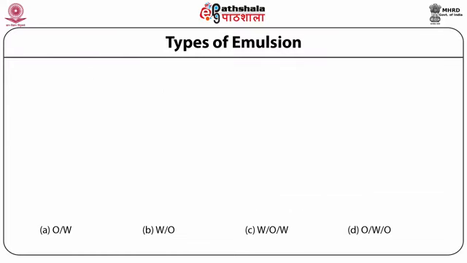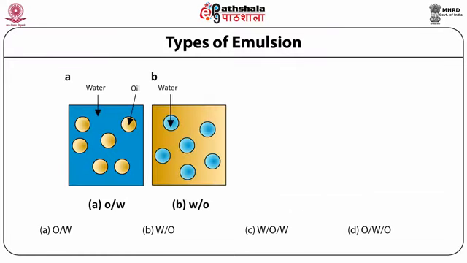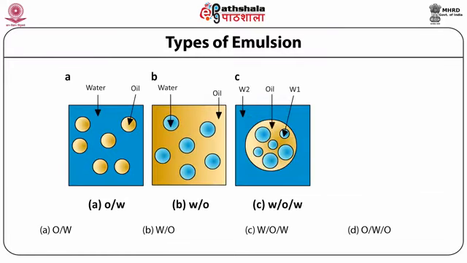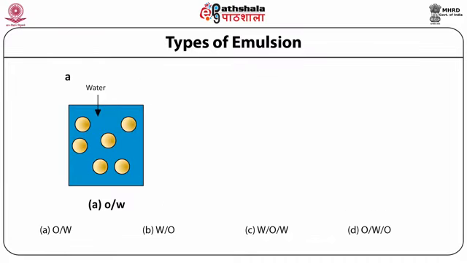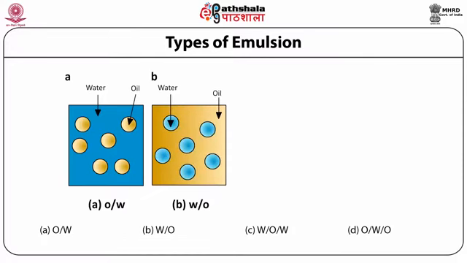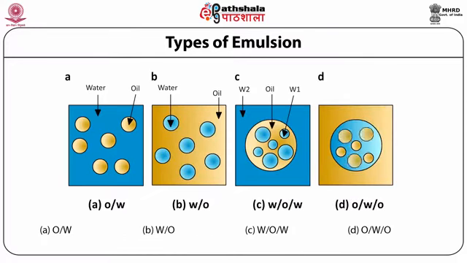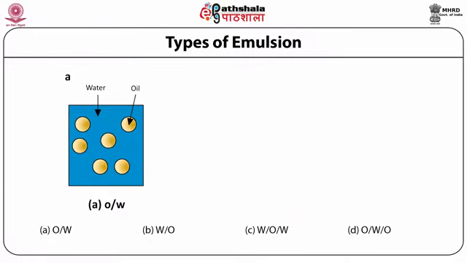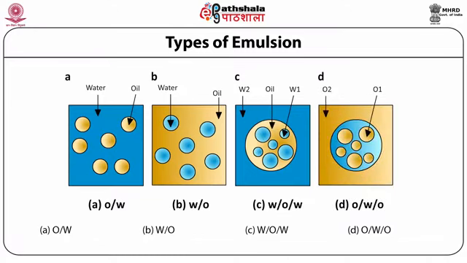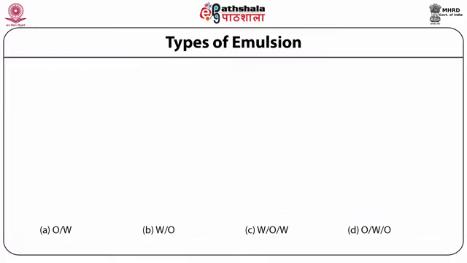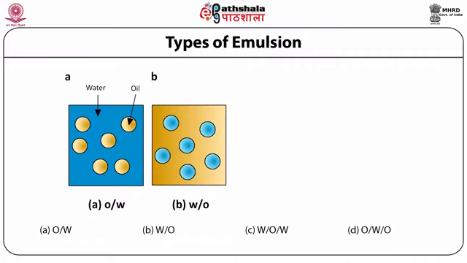The fourth figure shows an oil in water in oil multiple emulsion, in which we can clearly see that there are two emulsions, oil in water and water in oil. In the first case, in the oil in water emulsion, several oil droplets are inside one big water droplet, which is again dispersed in the oil phase. Here again we are using two surfactants.